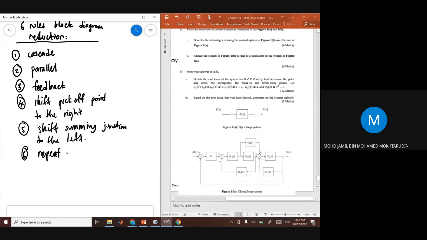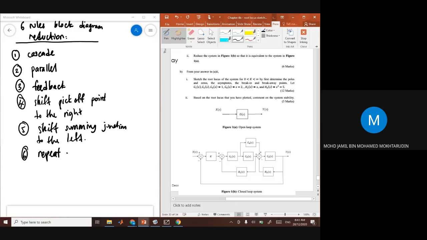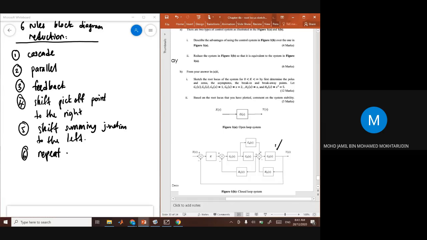Okay, so let's look at the figure 1b. So in figure 1b, so we have feedback here. Okay, then we need to simplify this feedback.